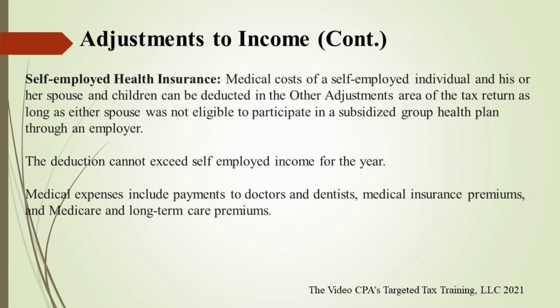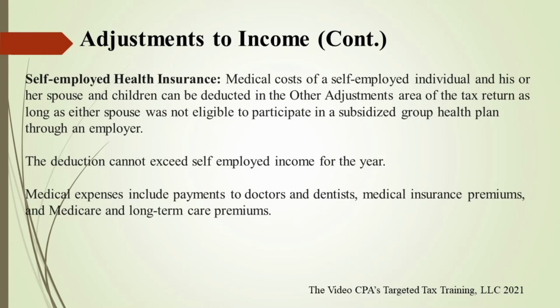All right, let's look at self-employed health insurance then. Again, this is for self-employed individuals, and you're not going to be able to get it unless you're self-employed. The medical premiums for a self-employed person, their spouse, and their children can be deducted. This is the premiums, in the adjustments to income or other adjustments area of the tax return.